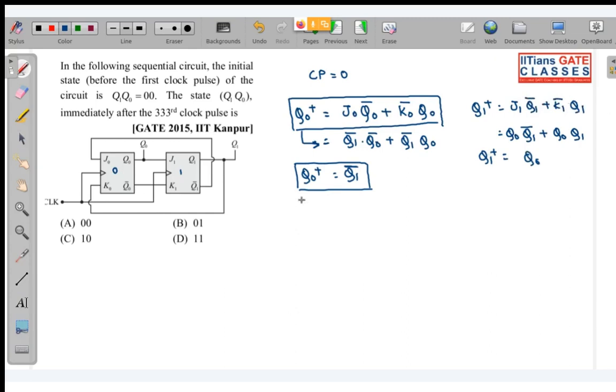Okay, so now you have your next state equations. With the help of next state equations, you can find the state table. See, this is how you are going to do it in the exam.